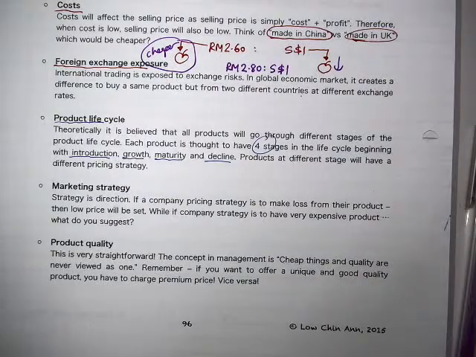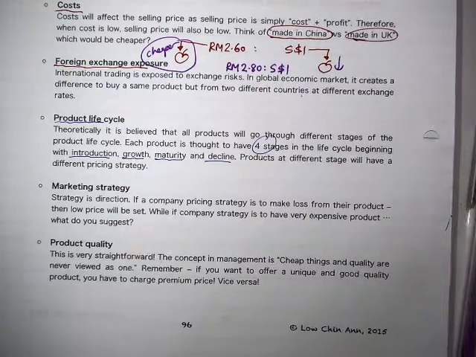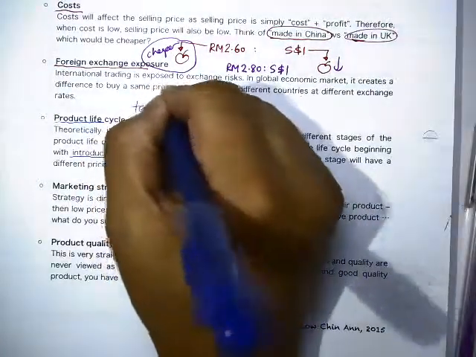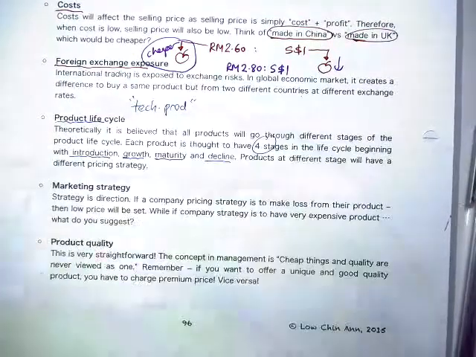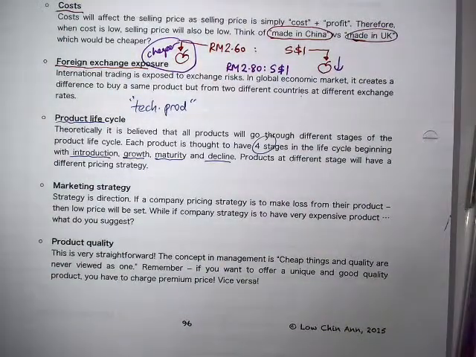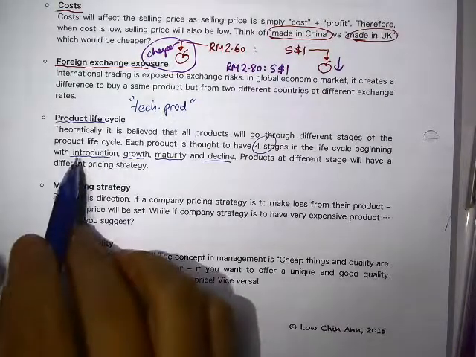Normally, if you see a technological product, it's very obvious that you will see all 4 stages. For example, your iPhone or your Samsung. First they start, wow, people are all crazy, then the sales pick up. But after some time, you see that the sales are steady already. Then once this model goes outdated, people don't buy. Immediately it drops. So it will go through 4 stages.